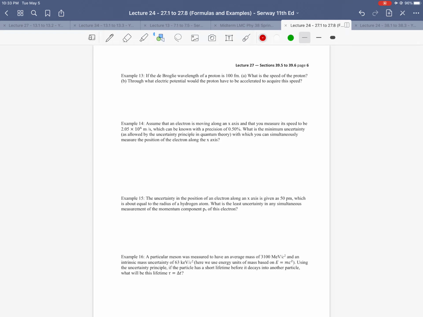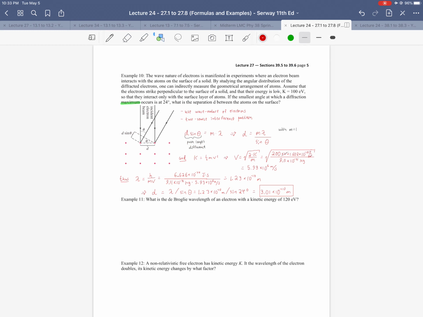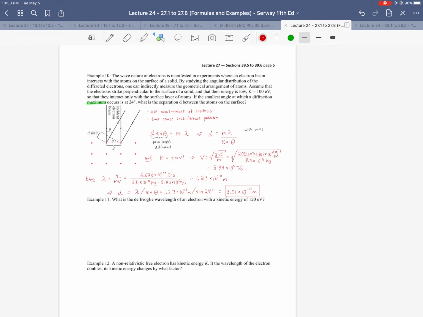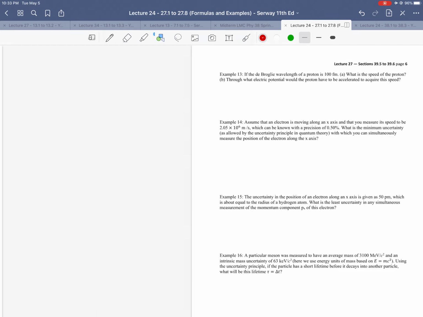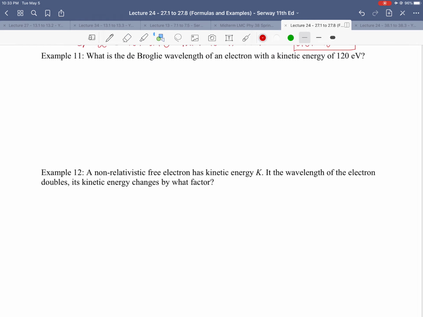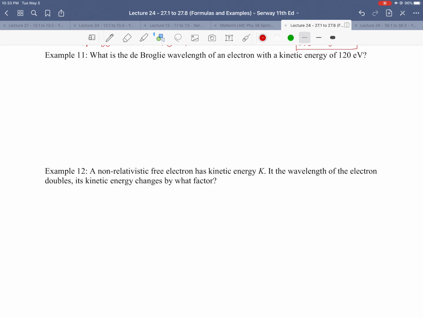But in that case, you're trying to actually find the voltage, so you're working backwards. 13 is even more similar to 10, again minus the wave interference, but you're working backwards to find the voltage that got you there. The acceleration voltage, as we'd call it.